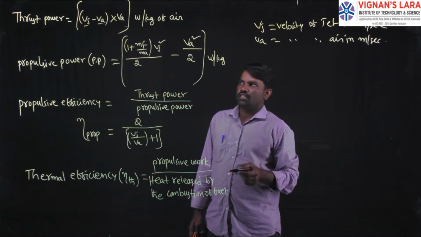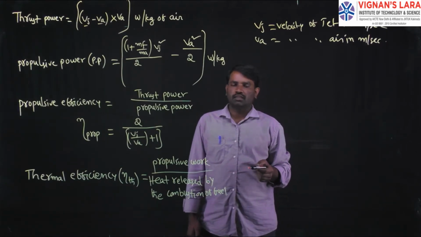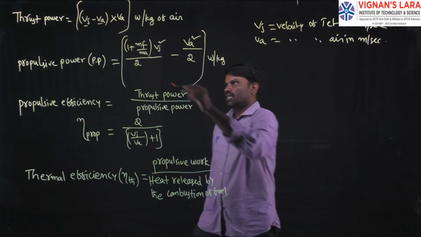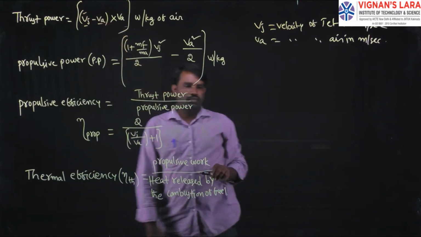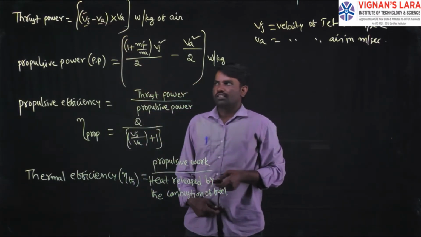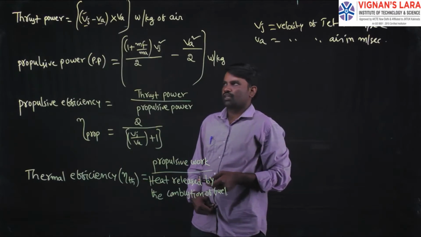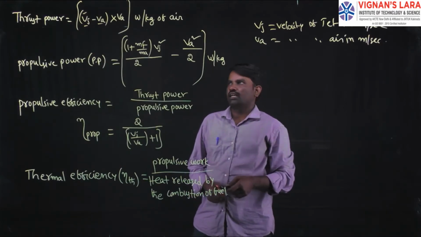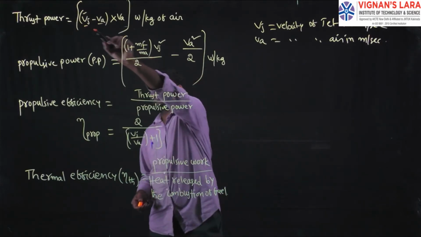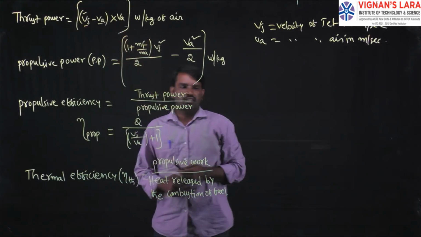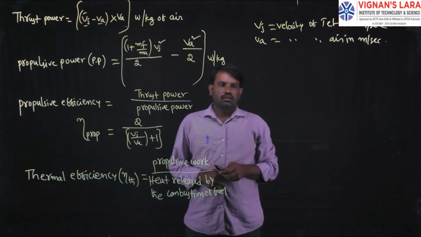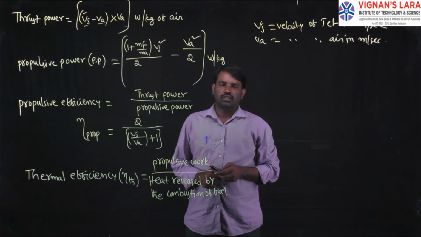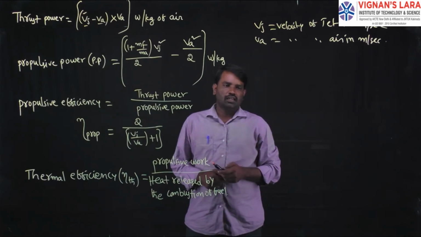The Vj value depends on the temperature limits: the exhaust temperature of the turbine gases and the exhaust temperature of the gases leaving the nozzle body. With respect to those two temperatures we find the Vj, as we discussed in the previous slide also. And with these velocities only we can calculate the thrust power. Thrust force means pulling force. With respect to the force we are calculating the thrust power.